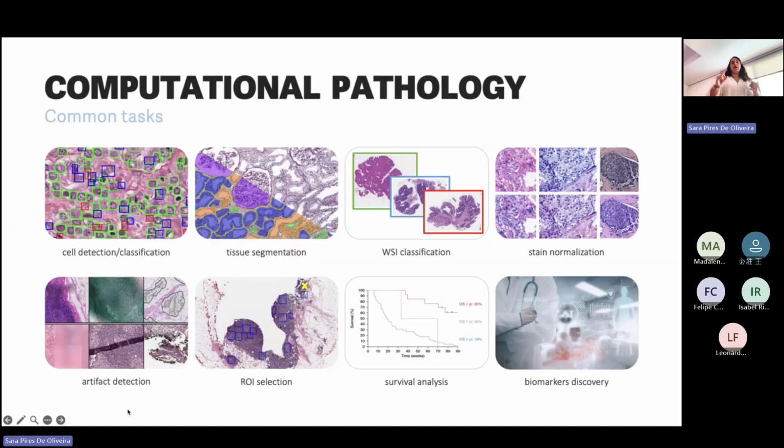For example, automating cell counting that pathologists sometimes have to do to get some scorings, doing tissue segmentation so they know where the tumor is, or performing artifact detection, since artifacts can occur at every step of the workflow, or even with a high-end goal like predicting treatment responses or discovering new biomarkers. And these are just some examples for you to have an idea.